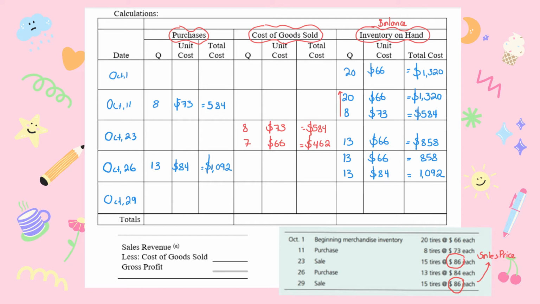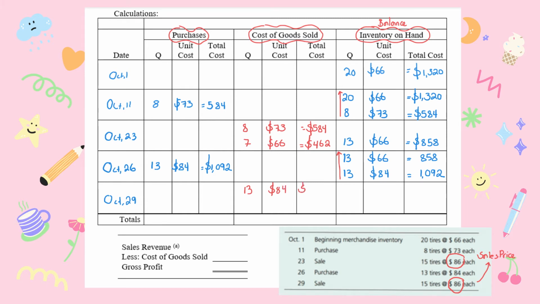So I need to look at my previous balance. I have 13 units at 66 each and 13 units at 84 each. I want to sell 15 units. I'm using LIFO, last in, first out. So I need to sell the newest. So we're gonna start with 13 units at 84 each.